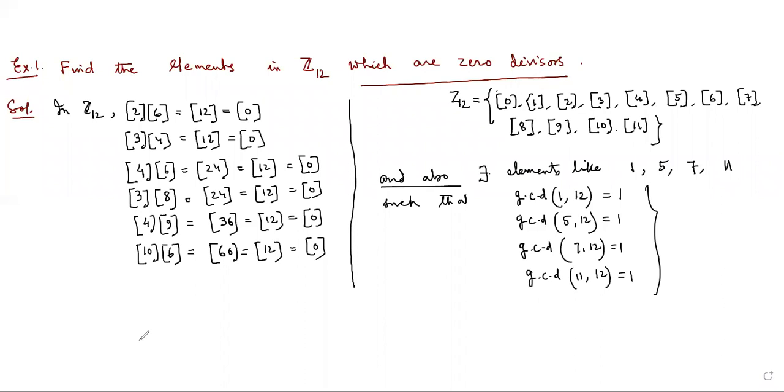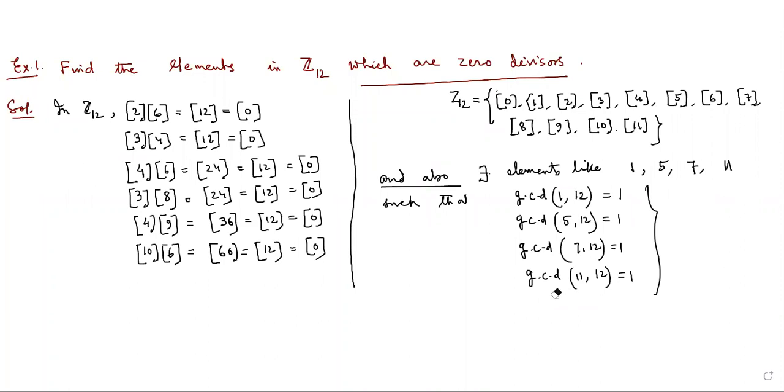Therefore this is not going to happen. If the greatest common divisors of these elements are 1, then these elements 1, 5, 7 and 11 are actually not zero divisors.